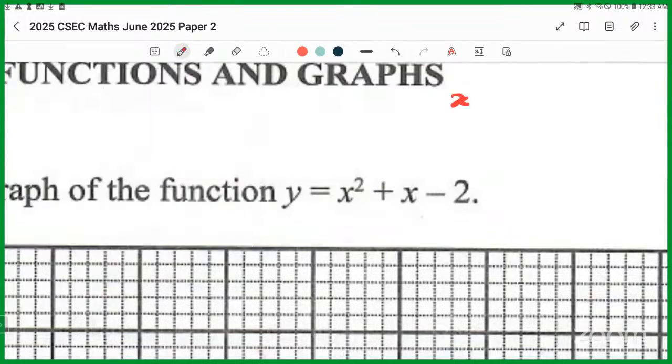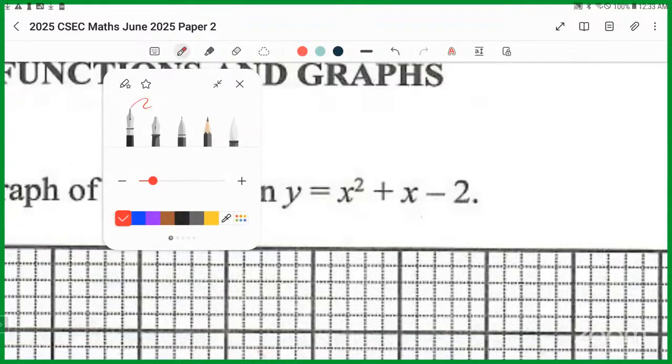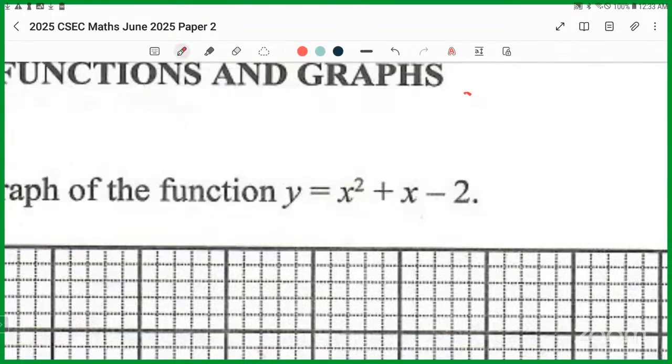You can double check the answer. So the xt would be -b over 2a, that's the x for a turning point at the axis of symmetry at the vertex. In here, a equals 1, b equals 1, c equals -2. So it's -1 over 2 times a, which is 2.